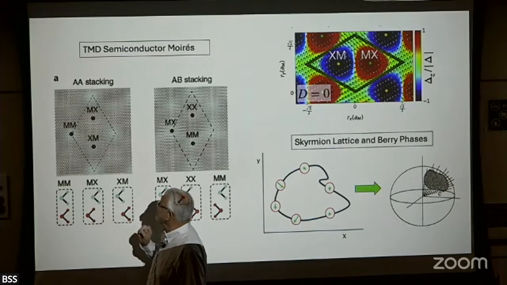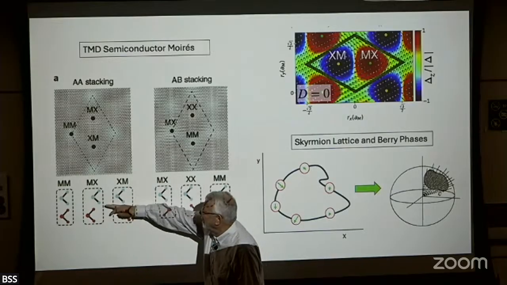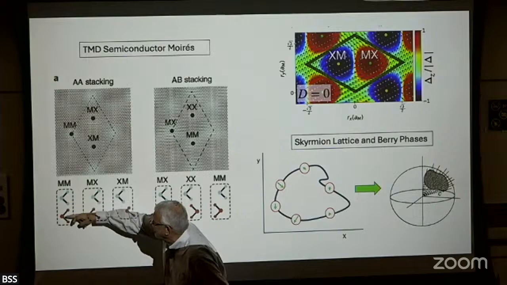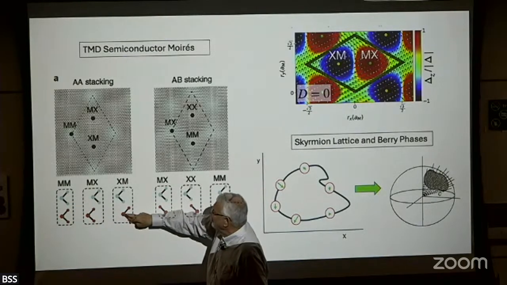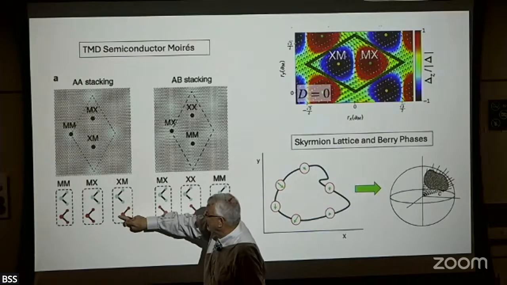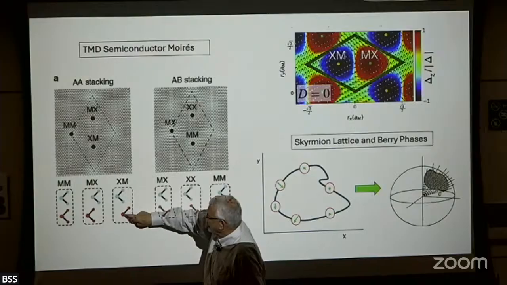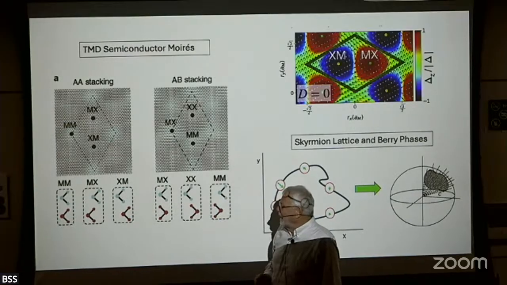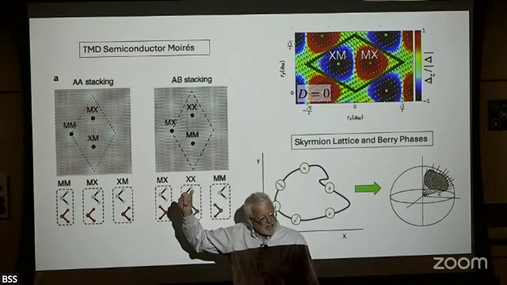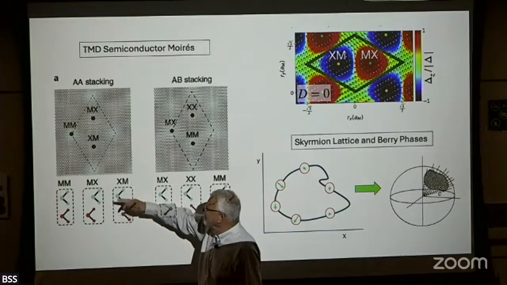Here you can see when I take the bottom layer, starting from this metal on metal configuration, and in the moiré, if I move it to the right a little bit, then I get a chalcogen in the top layer on top of the metal below, okay?